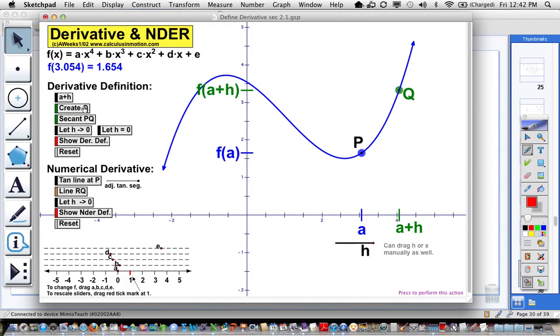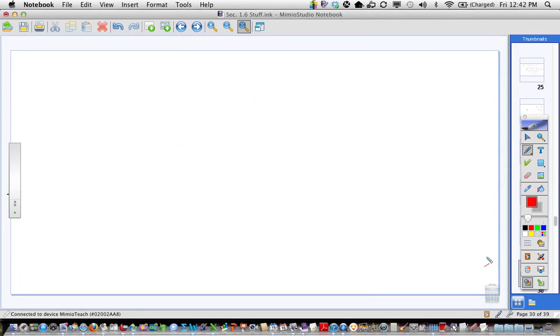Now, we should take just a moment here to review a little function notation. So over here, this might be off my screen a little bit.